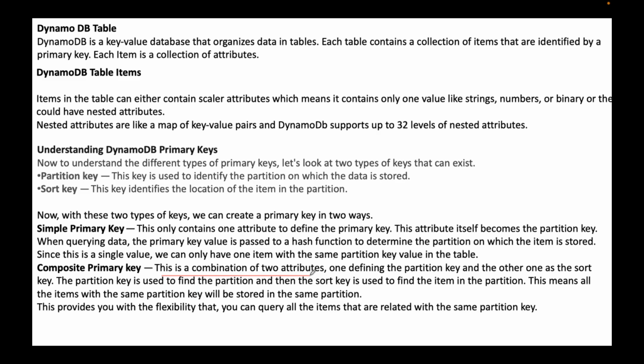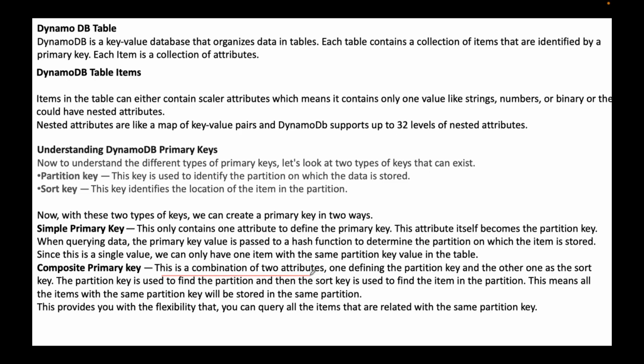A simple primary key is just like an employee ID, a single attribute. So when creating a DynamoDB table, you need to define the partition key in the form of the primary key, and if required, you can define a composite primary key with a combination of two attributes.